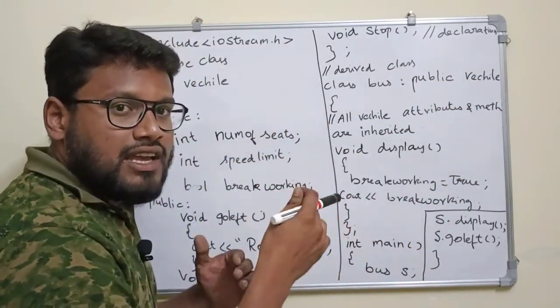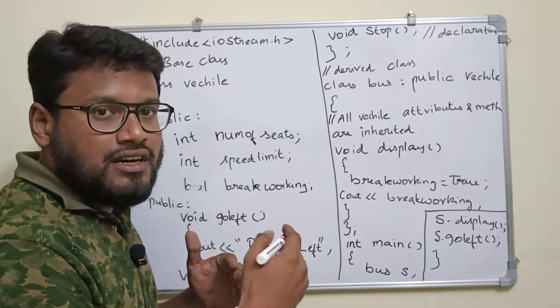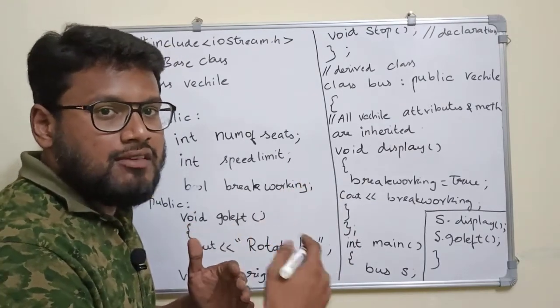Protected means we can only access these functions or attributes in the derived class.